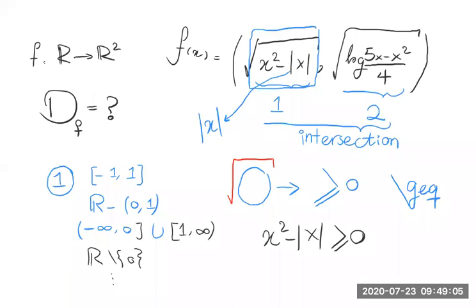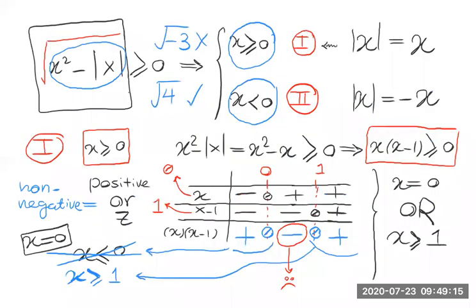You want to get rid of it. The way to do that is to consider two different cases: sometimes x is greater or equal than 0, sometimes x is less than 0. And we break this problem into two smaller, easier problems.